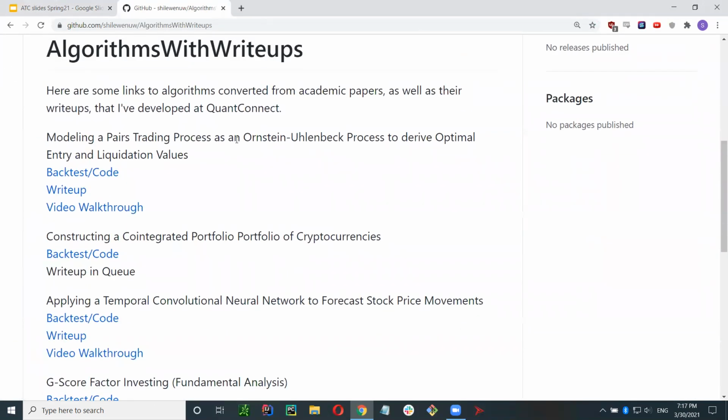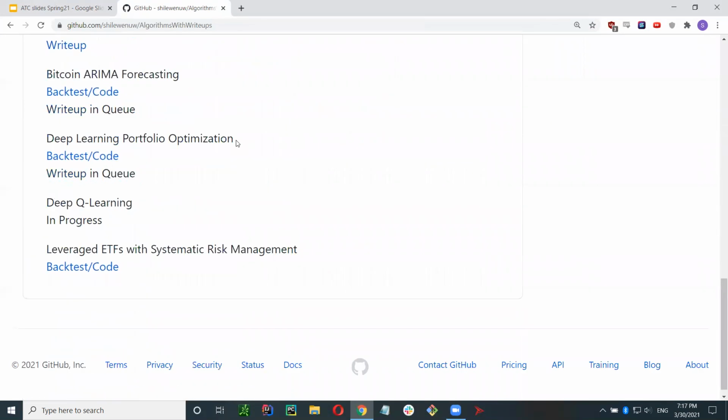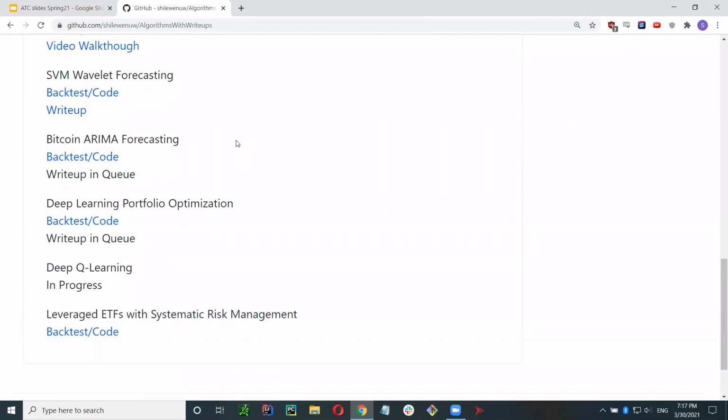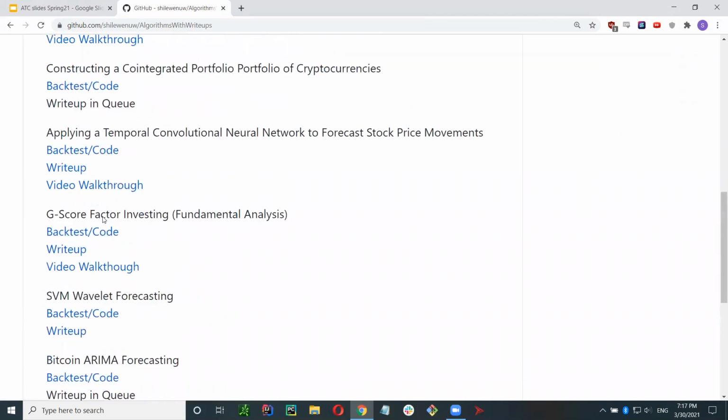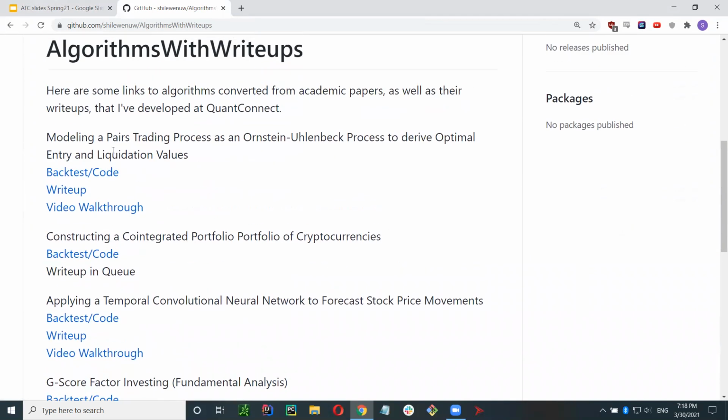Part of working at QuantConnect, what I do is develop algorithms and write them up. So you can see here on this page, I'll post this in the chat.